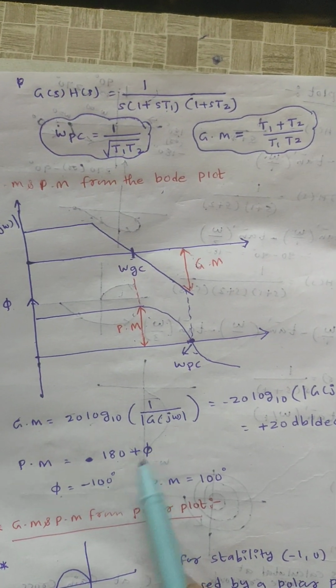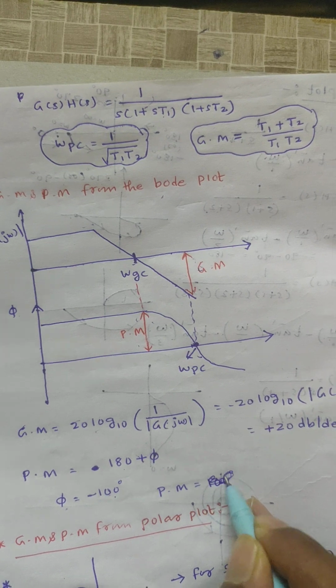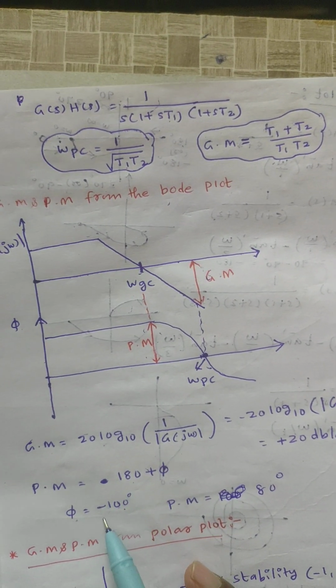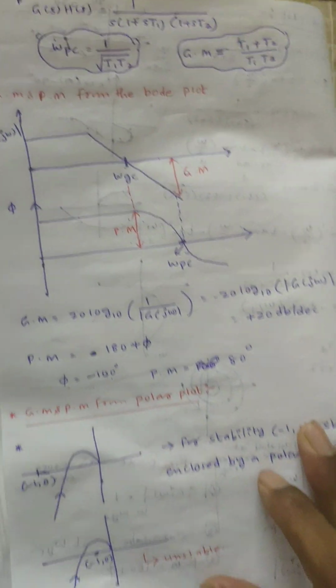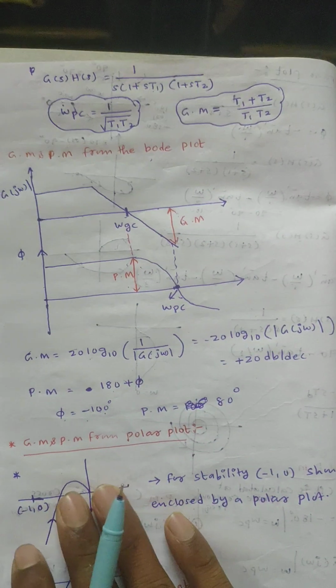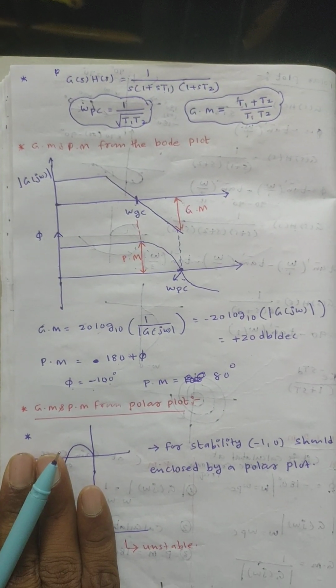Then phase margin is equal to 180 minus 100, so you will get a phase margin of 80 degrees. This is the calculation of gain margin and phase margin from the Bode plot.